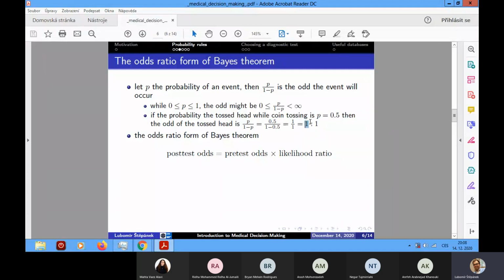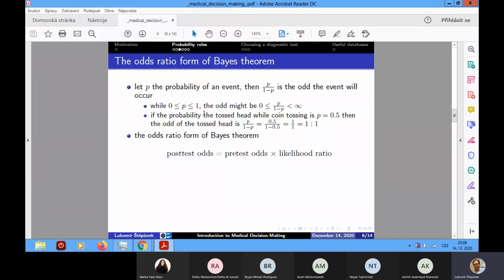So the odds are 1 to 1 when the probability is 0.5. In other words, it is just a different way to express probabilities, in the form of odds rather than in the natural form of probabilities.